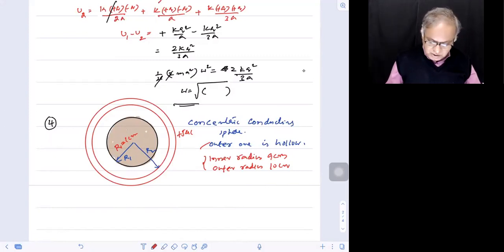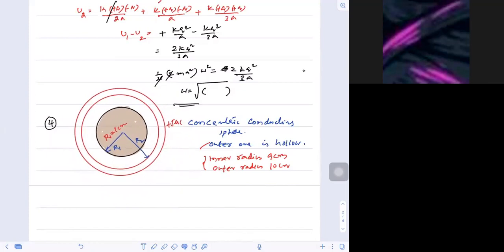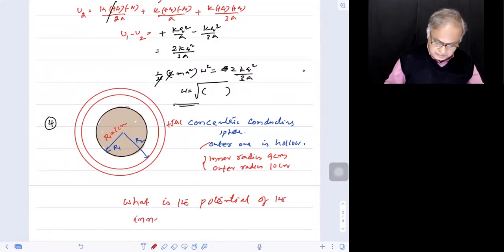So the question is this: what is the potential of the inner surface of the spherical shell?